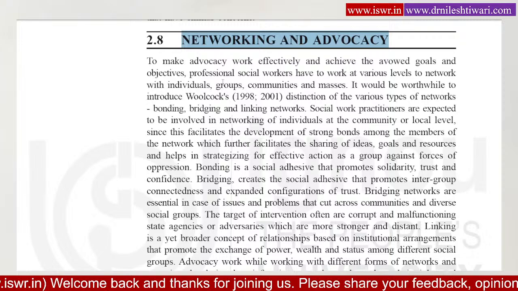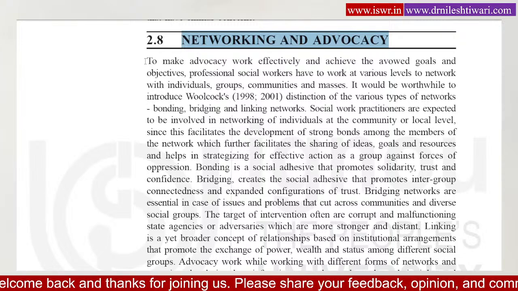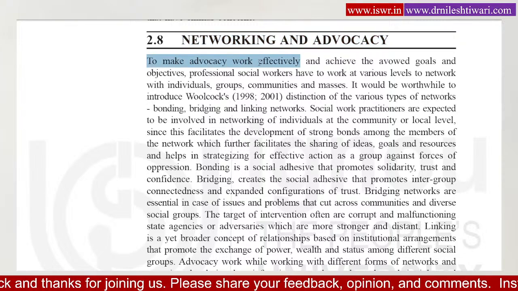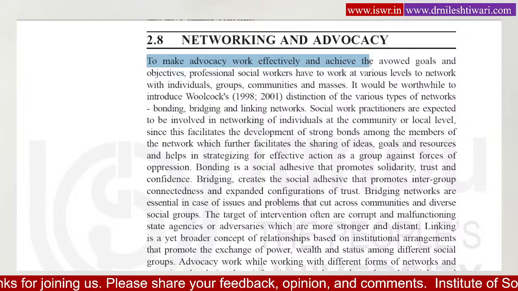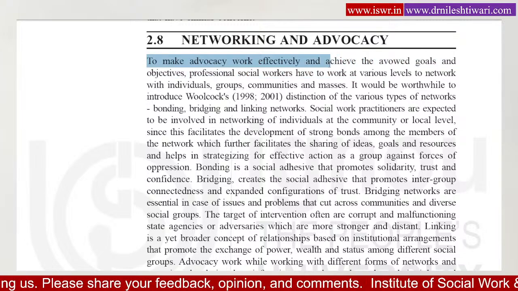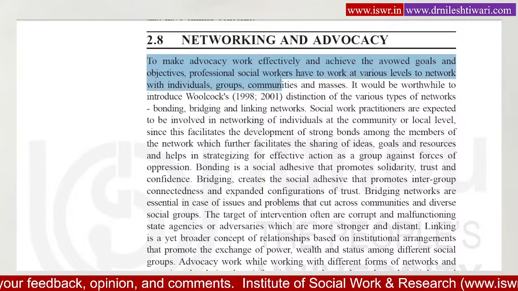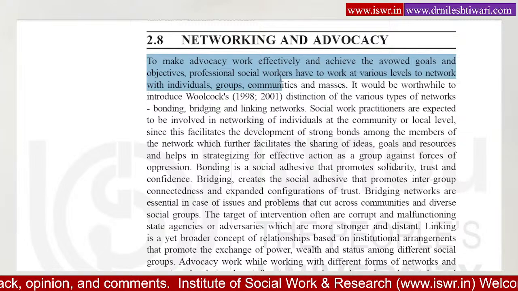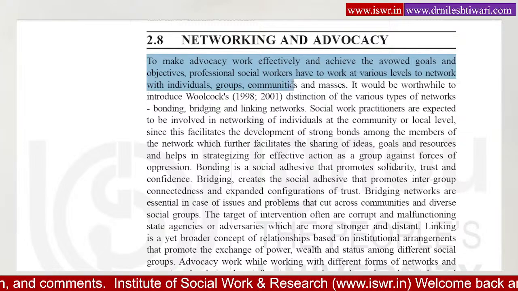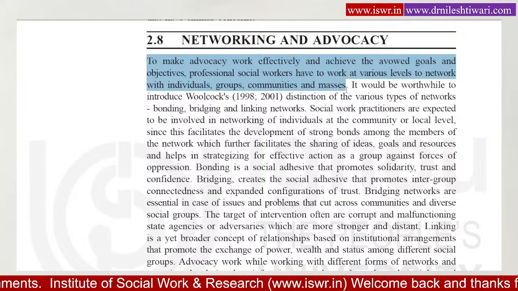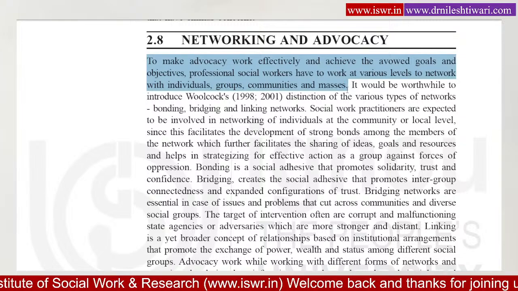Now, networking and advocacy. To make advocacy more effective and achieve the goals and objectives, professional social workers have to work at various levels of network, be it at the individual level or group level or community or masses or public at large.